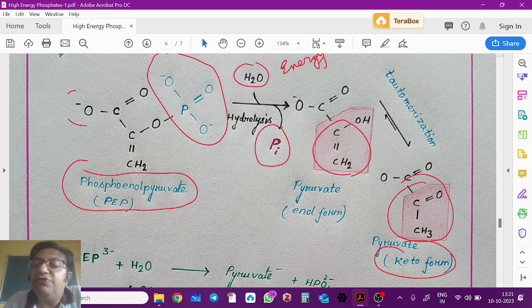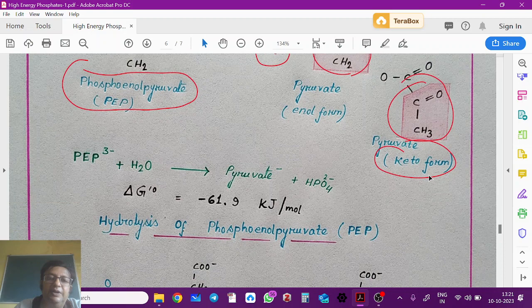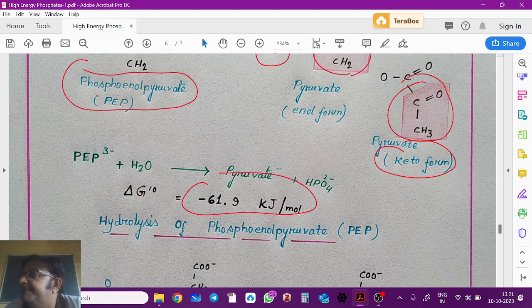That H from the OH has come and attached, it becomes CH3 and it has become a single bond. So this goes enol to keto, it's like shifts, it's reversible. Keeps on going till equilibrium is reached. So phosphoenol, like minus 61.9 kilojoules per mole, it's not kilocals.